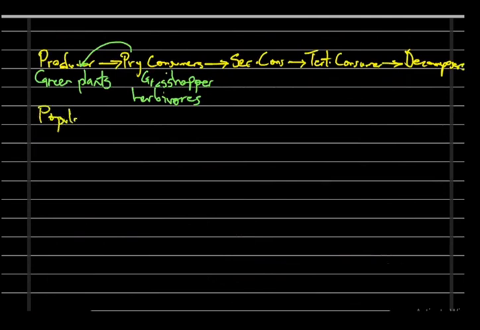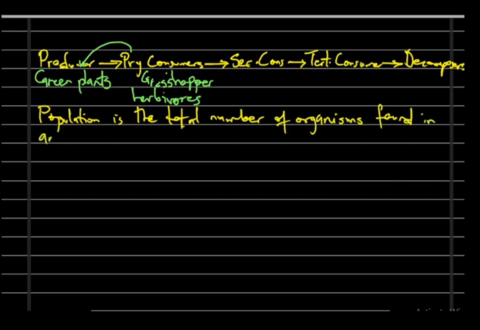Population is the total number of organisms found in an environment at a point in time.